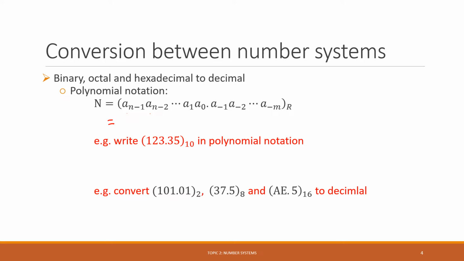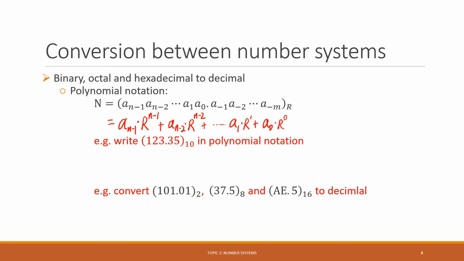And we can represent them as a_(n-1) multiplied by the radix r to the power of n minus 1, then plus a_(n-2) times r to the power of n minus 2, and we can keep doing this until we have a_1 multiplied by r to the power of 1 plus a_0 multiplied by r to the power of 0.